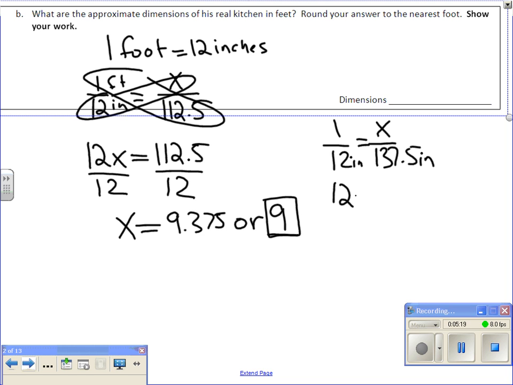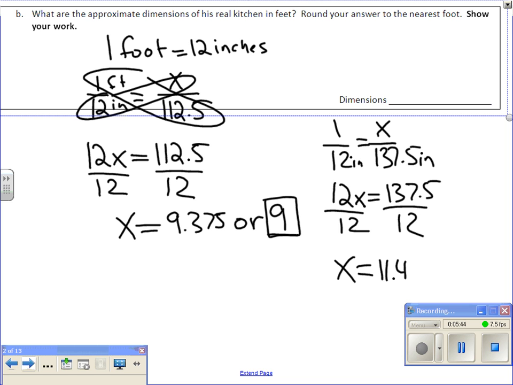We're going to end up with 12X is going to be equal to 137.5, because 1 times 137.5, divide by 12, and X is going to be equal to 11.45, or we're going to round down to 11 based on that 4.